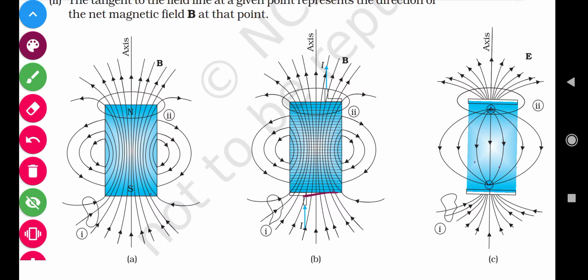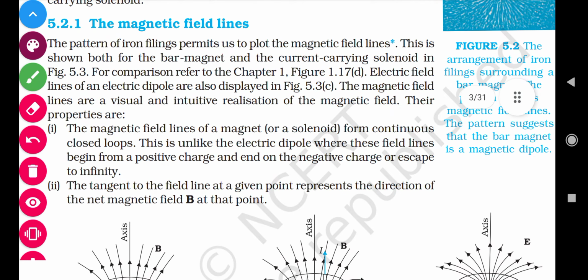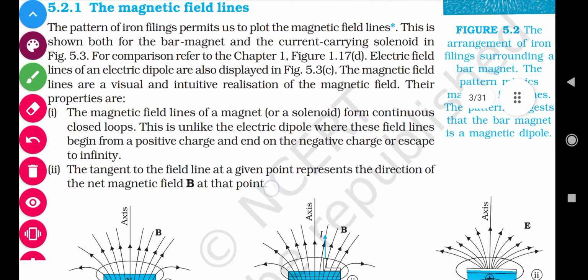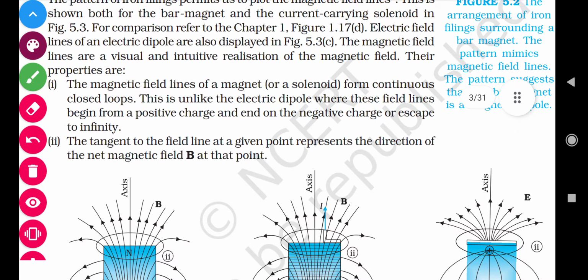The magnetic field lines for both solenoid and bar magnet are almost similar, and this is similar to an electric dipole, so we can relate and compare them. Now we'll discuss the properties of these.